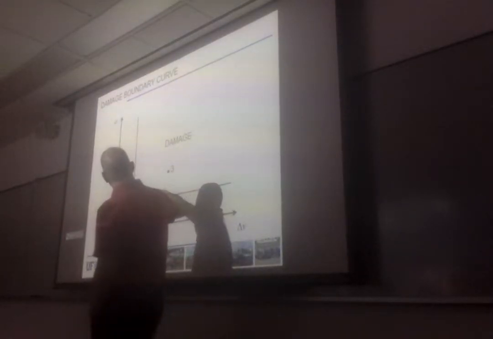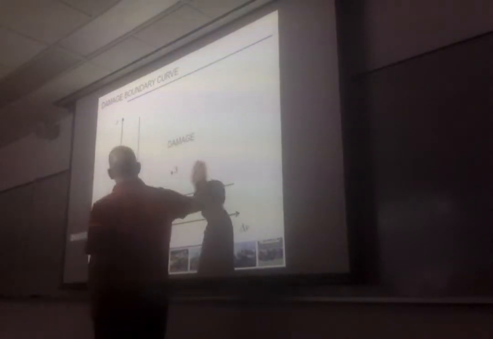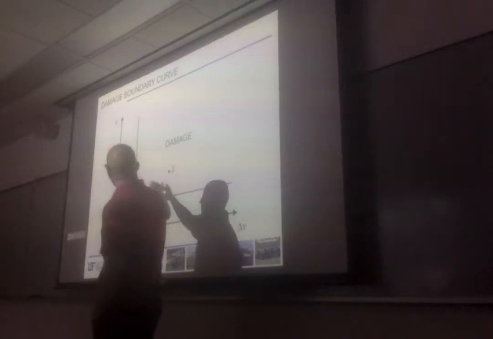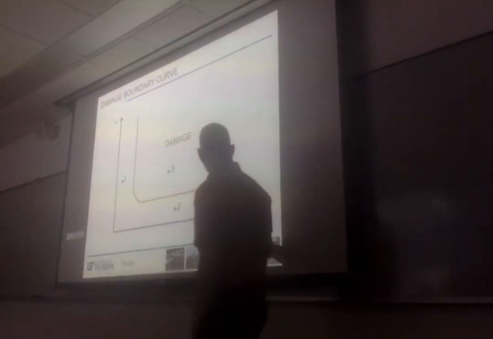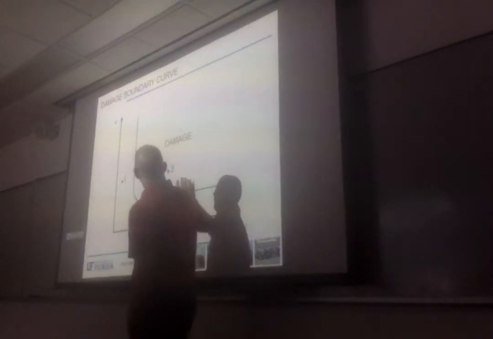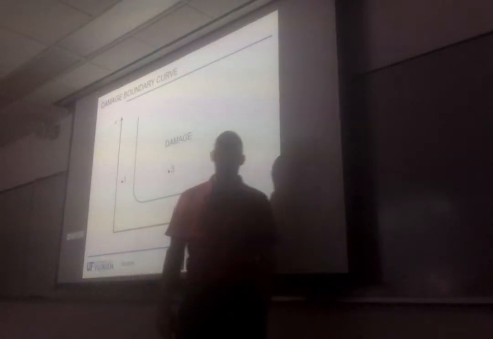When you connect them together, you have a rounded edge here. This creates what's called the damage zone. If you have a combination of a certain velocity change and a certain acceleration, and that combination is a point in that zone, your product is going to get damaged.